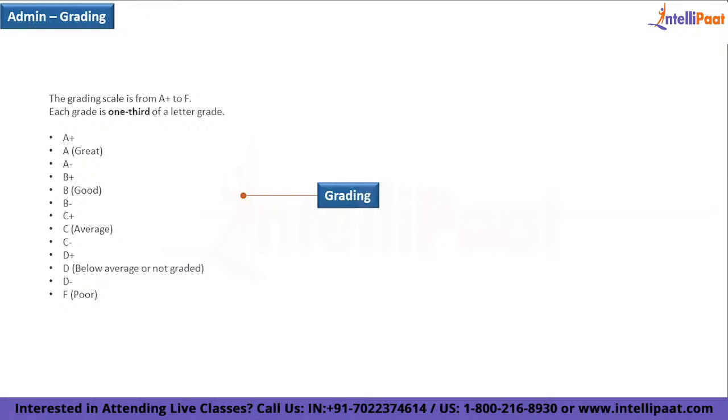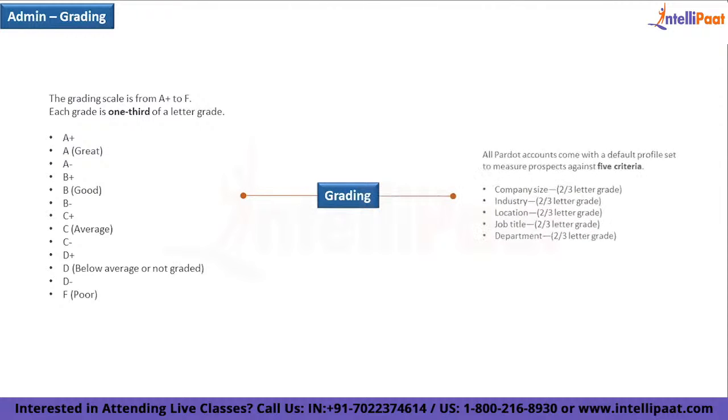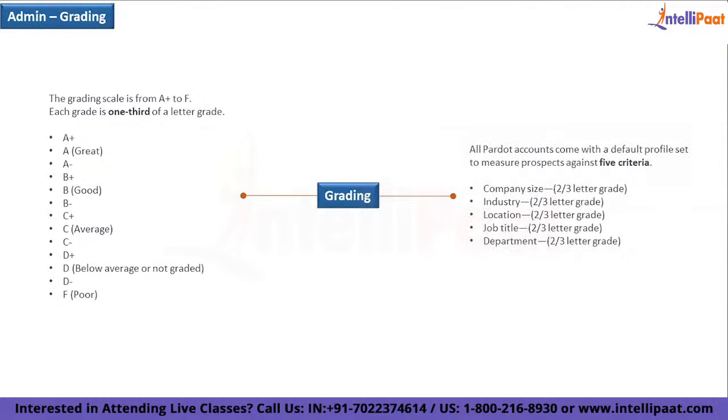Usually this is the grading metric they provide: A plus, A grade, A minus, B plus, B minus, C plus, C minus, D plus, D minus, and F. On the other side, all Pardot accounts come with a default profile setting, which measures depending on criteria like company size, industry, location, job title, and department. So you can just align that with the example I just gave.